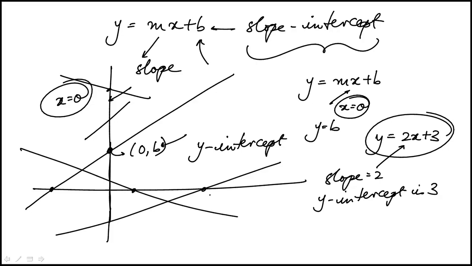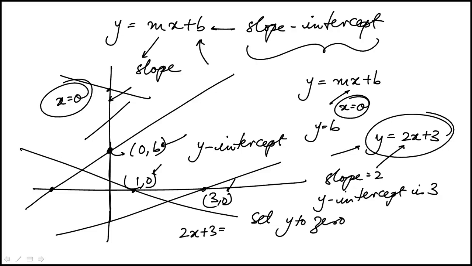This could be (3, 0), this could be (1, 0), but the y-coordinate is 0. And to find that, you set y to 0. So that would give us 2x plus 3 equals 0. If you compute this, x is minus 3 over 2. So this point would be (minus 3/2, 0).